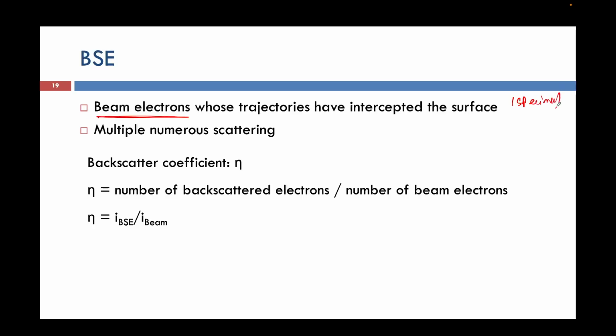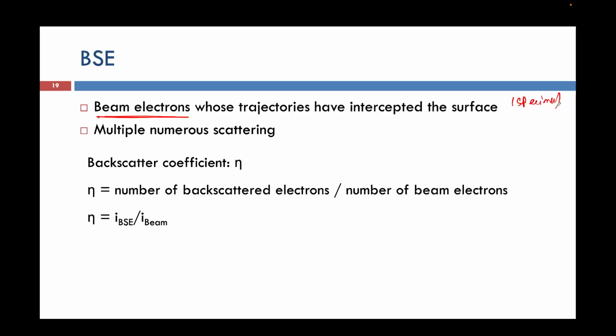So these are the backscattered electrons, and due to multiple and numerous scattering, they have now lost a fraction of their energy, and now they are coming out of the specimen surface. It is not necessary that all of the backscattered electrons will come out from the specimen surface.